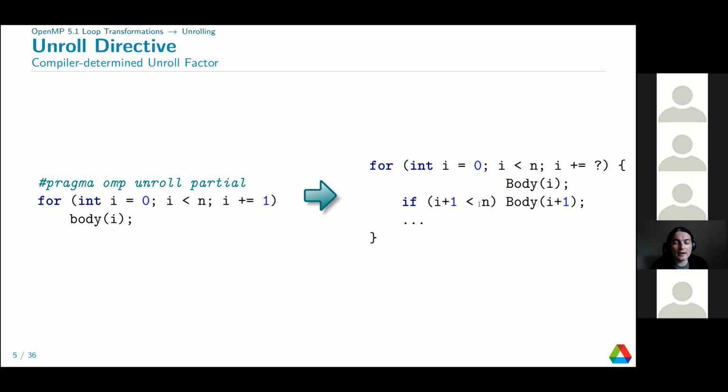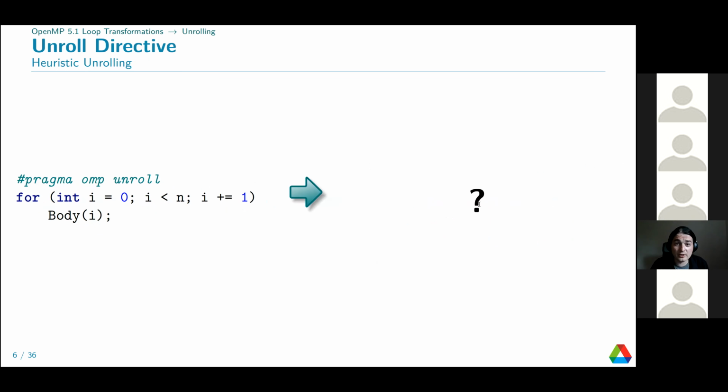You are also allowed to leave away the unroll factor, in which case it's the compiler's responsibility to choose an unroll factor, but you don't know at compile time what it might be. You can also leave away the unroll or full clause entirely, in which case it's completely up to the compiler what to do. It might do full unrolling, it might do partial unrolling. There might not be a loop after that.